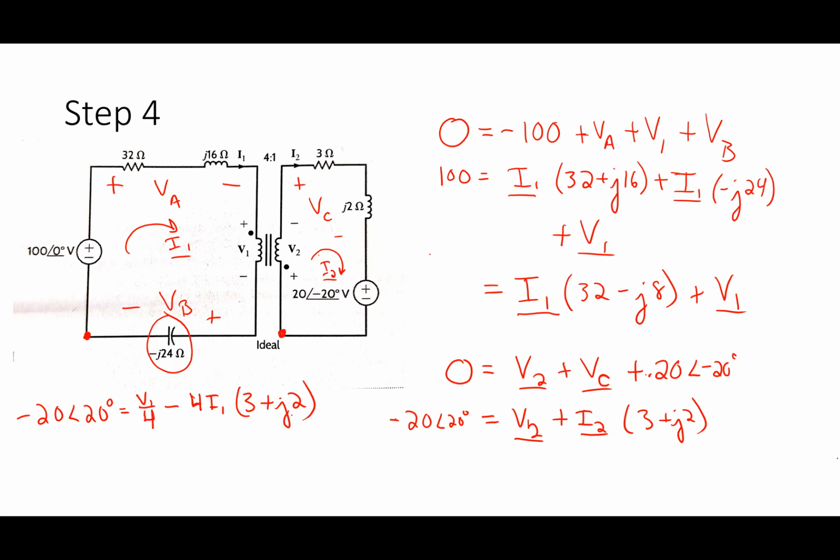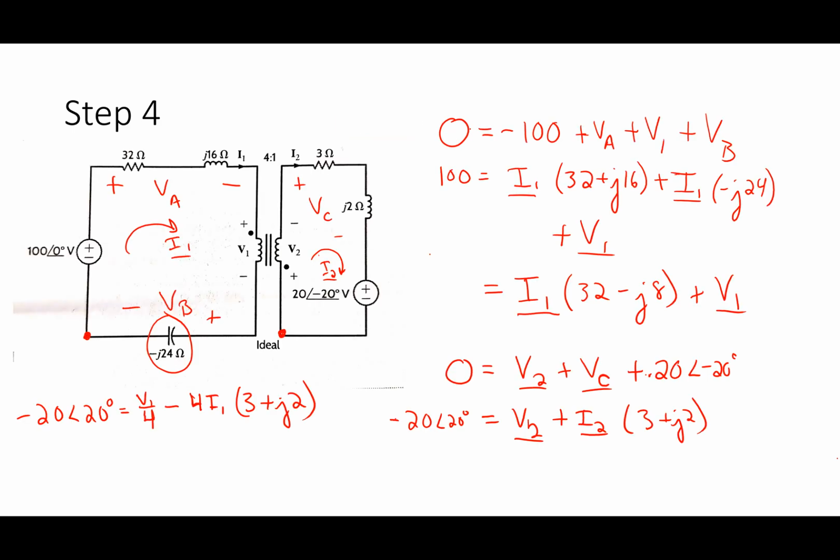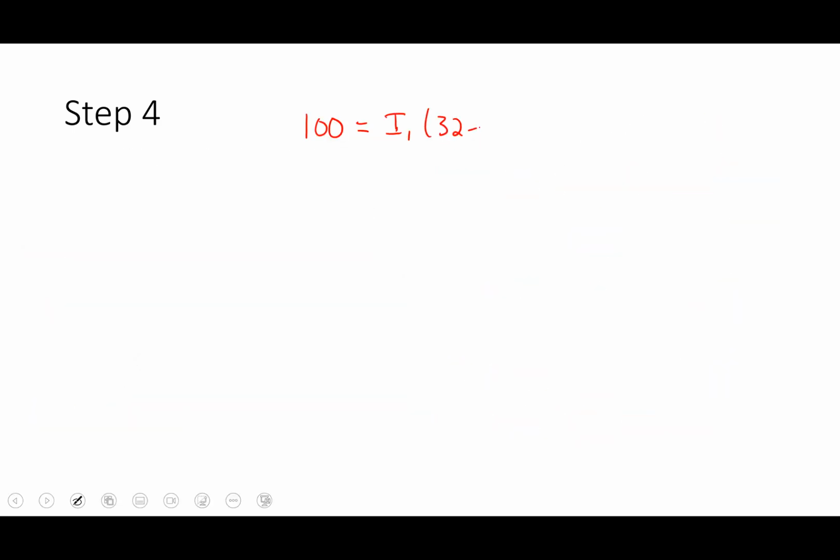So I end up with, for the first left mesh, 100 equals I1 times 32 minus J8 plus V1.